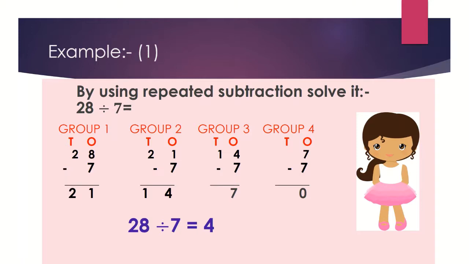In this way, we keep on subtracting 7 from the previous difference until we get 0. So, we see that 7 is subtracted 4 times to get 0. So, 28 divided by 7 is equal to 4.